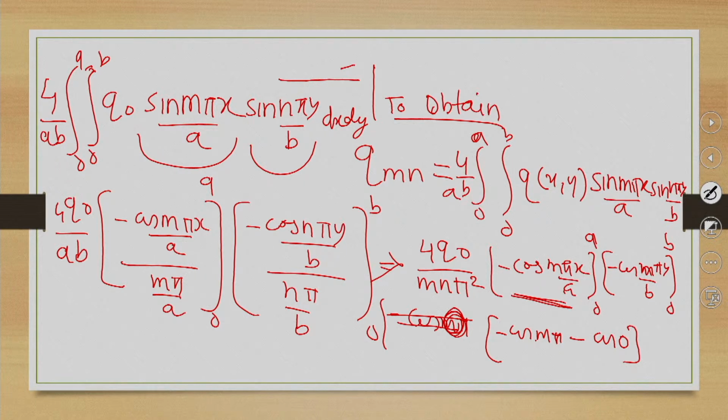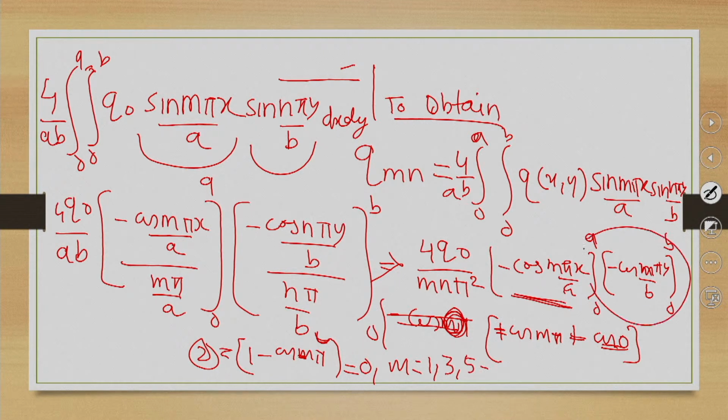So cos 0 is 1, minus cos m pi. If you put m equal to 1, cos pi will be minus 1, so it becomes 2. When you put m equal to 2, it will be cos 2 pi, which is plus 1, so it becomes 0. So, this series is valid only for m equal to 1, 3, 5 and so on.